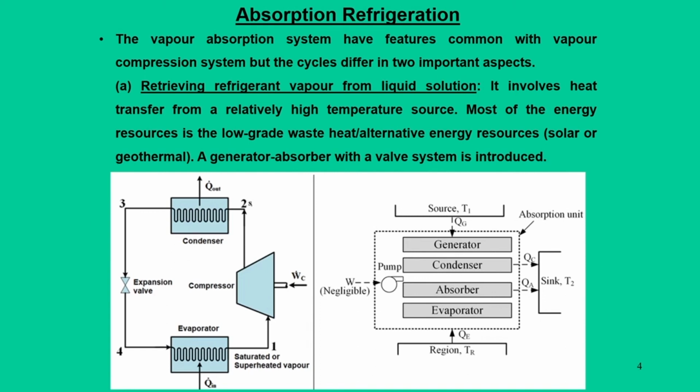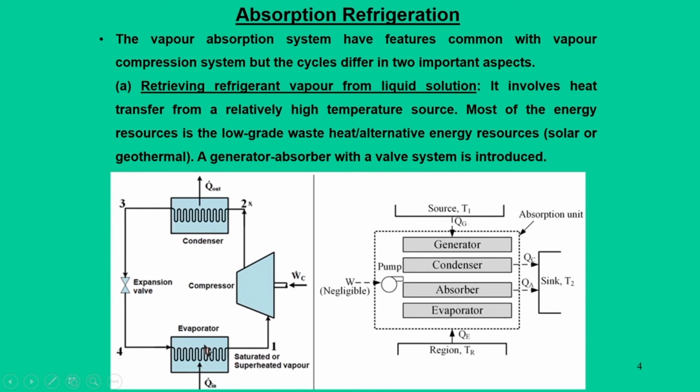Another important aspect is the refrigerant. In a vapor compression system, the refrigerant continuously circulates within the circuit; in the evaporator it takes heat from the source and becomes vapor, and in the condenser it releases heat to the surroundings and again becomes liquid.